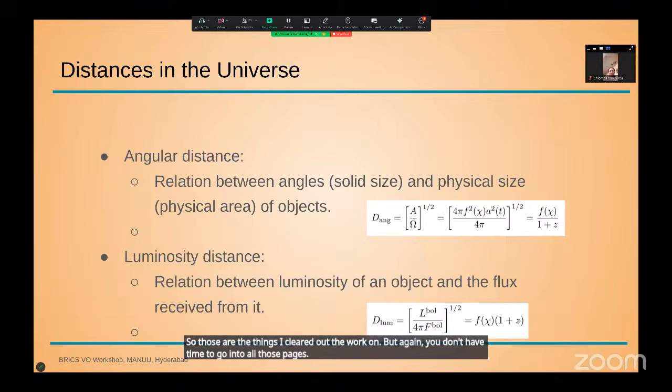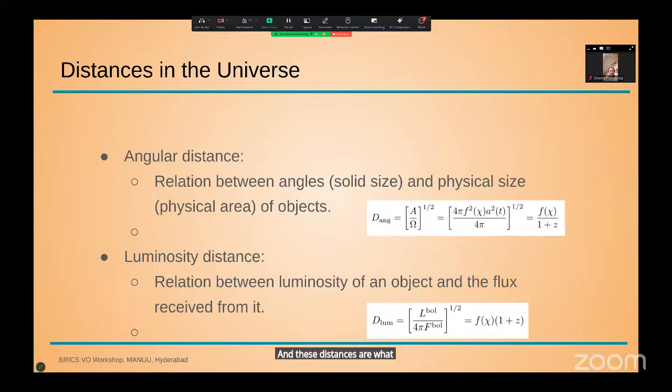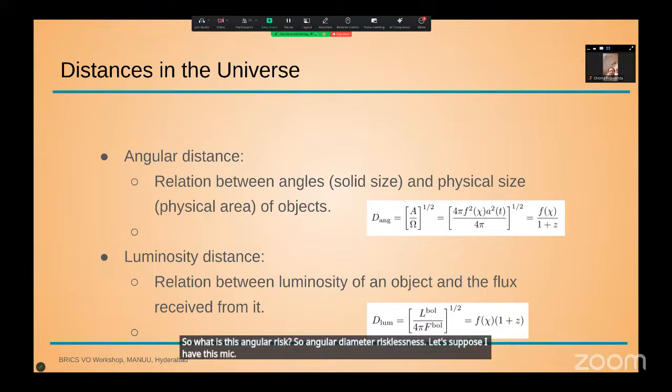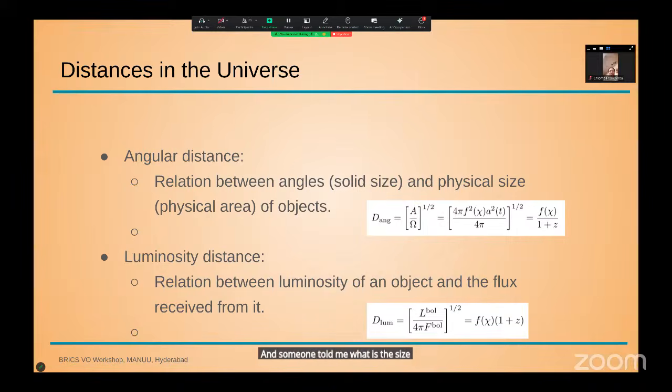But there are certain distances that you can measure directly, and these are what I'm going to tell you about. One is called the angular diameter distance. So what is this? Let's suppose I have this mic and someone asks what the size of this mic is. Roughly how much?